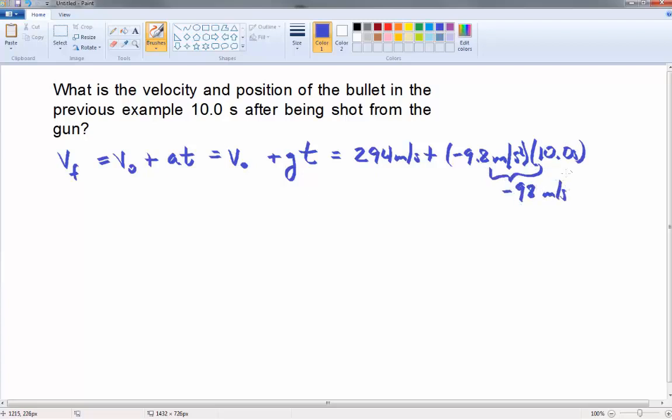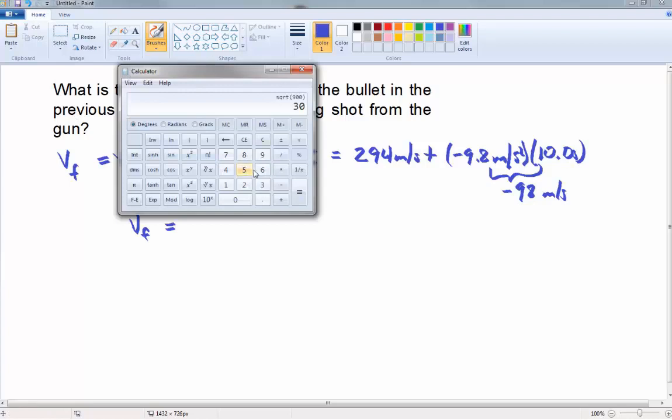And so your final speed, or the magnitude of your speed, is basically going to be 294 minus 98 in meters per second. So you can see that 294 minus 98 is going to be just shy of 200. So it'll be 196 by the time all is said and done.